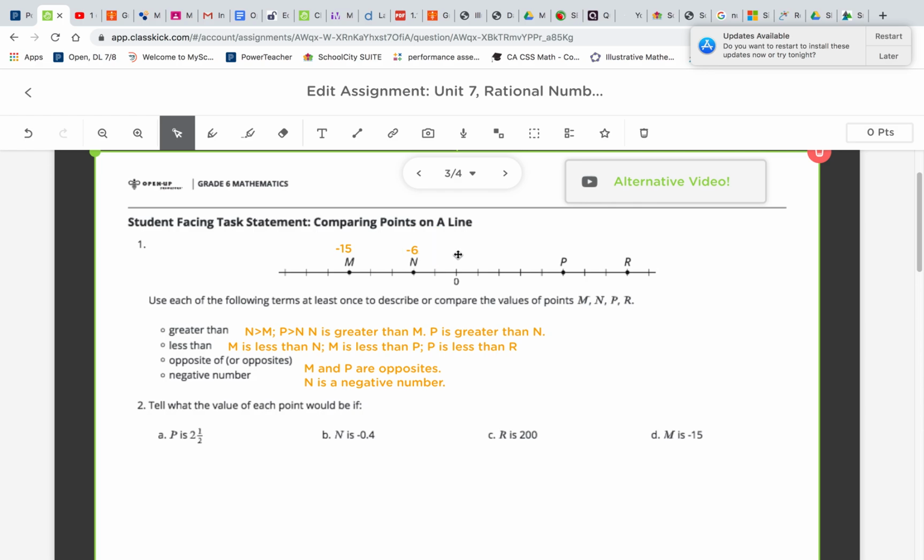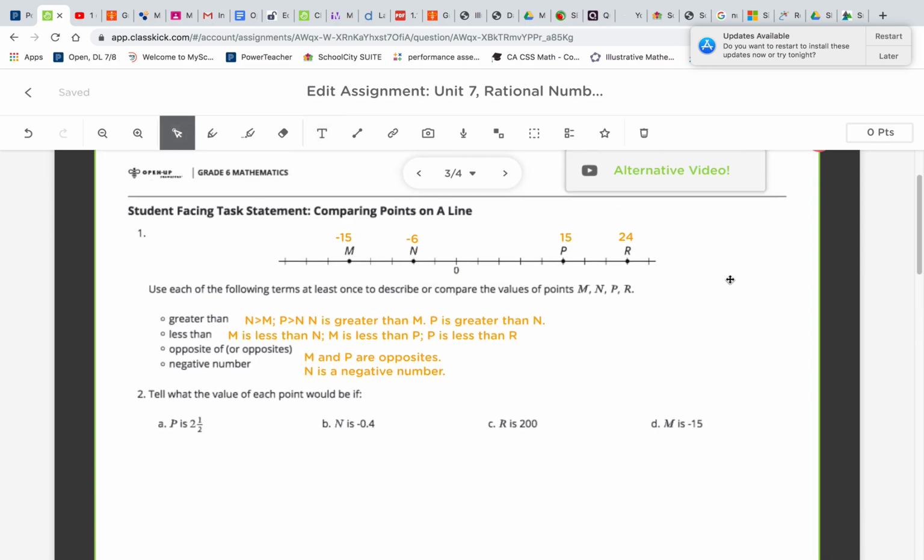And then 3 more up from there takes us to 0. All right, so this would be 3, 6, 9, 12, 15. And again, you could have remembered that m and p were opposites and gotten 15 that way as well. And so this would have to be 18, 21, and 24 for r. Okay, that will wrap it up.